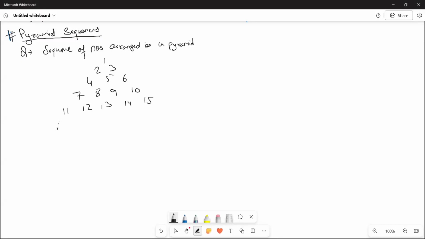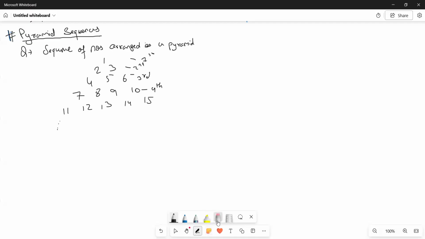So if a sequence of numbers is arranged in rows, the first row is 1, this is the first row, this is the second row, this is the third row, this is the fourth row, and so on and so forth. Then we call it a pyramid sequence.